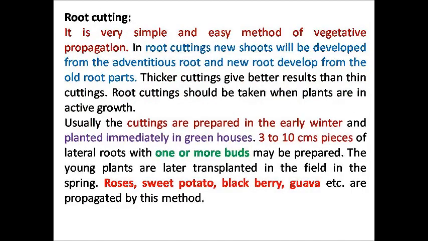Root cutting. It is a very simple and easy method of vegetative propagation. In root cuttings, new shoots will be developed from the adventitious buds and new roots developed from the old root part. Thicker cuttings give better results than thin cuttings.